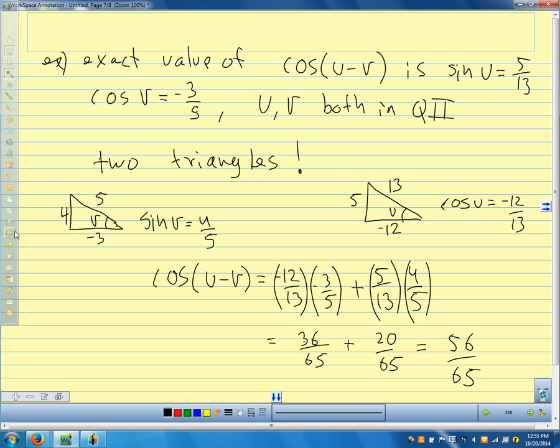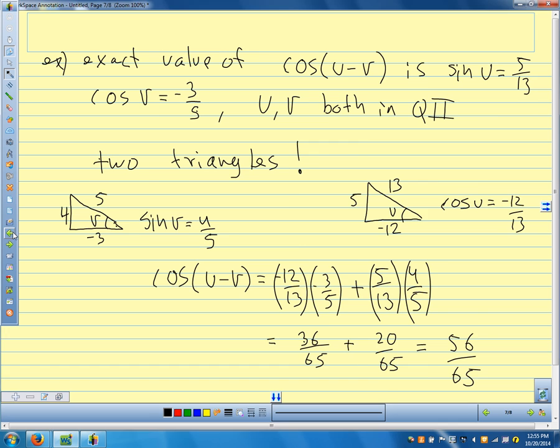So in our formula, this is cosine U, cosine V, sine U, sine V. Which example were you talking about?